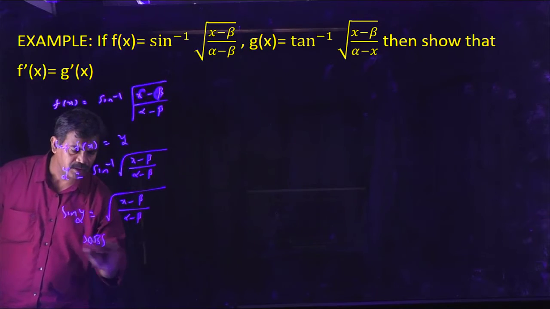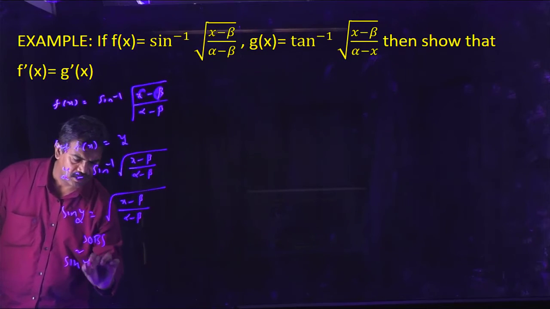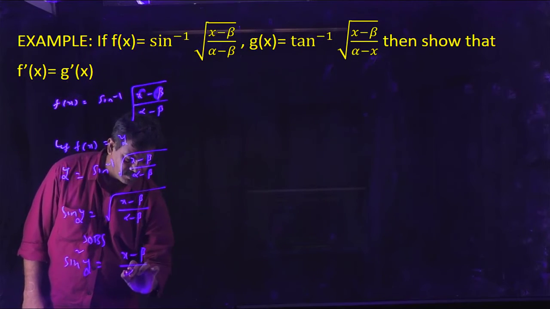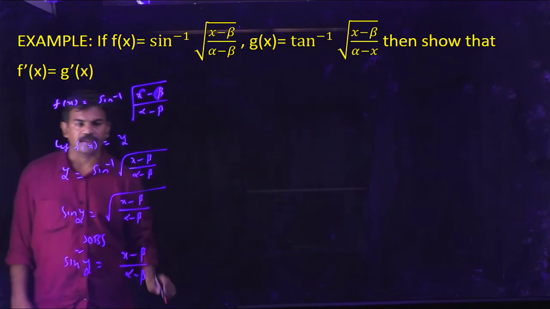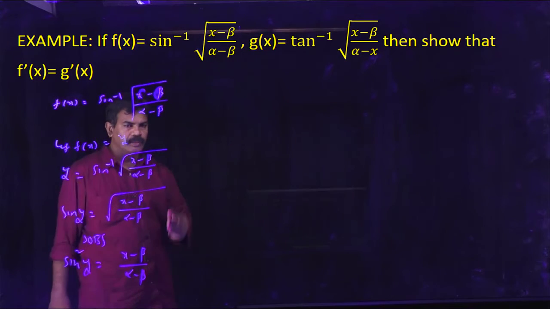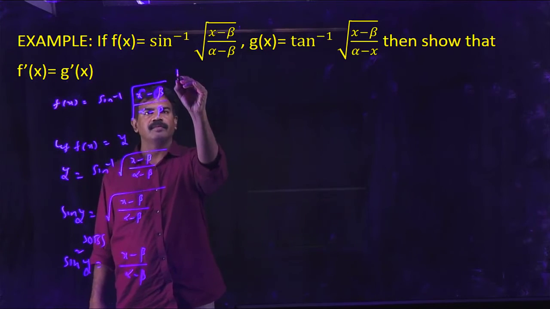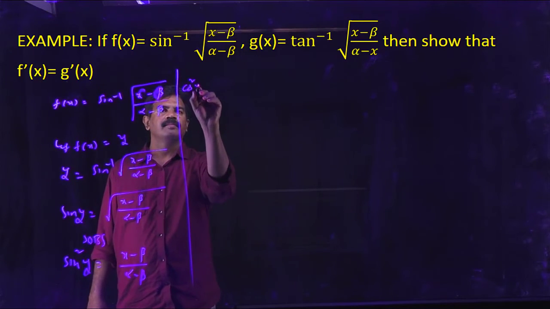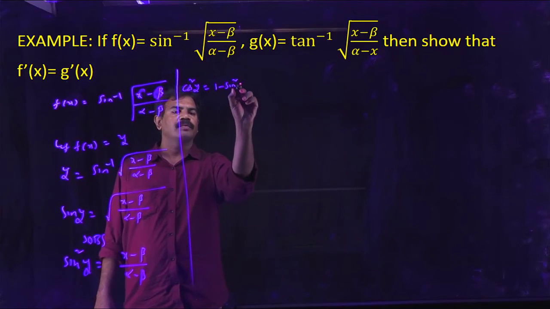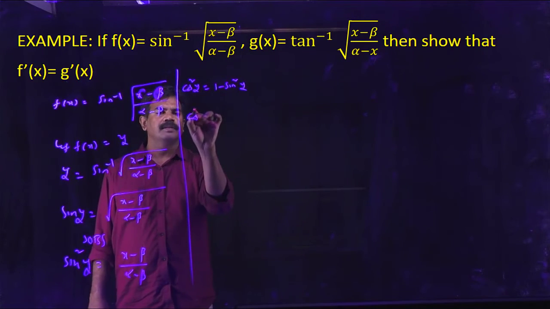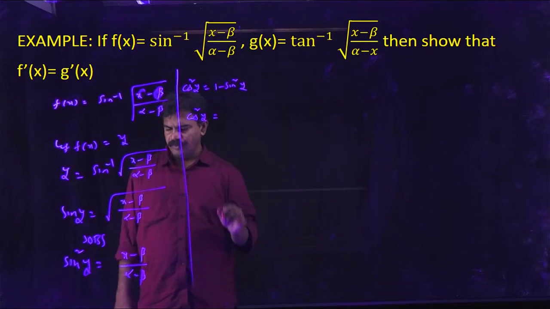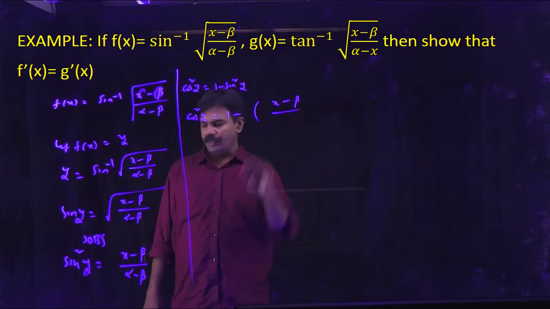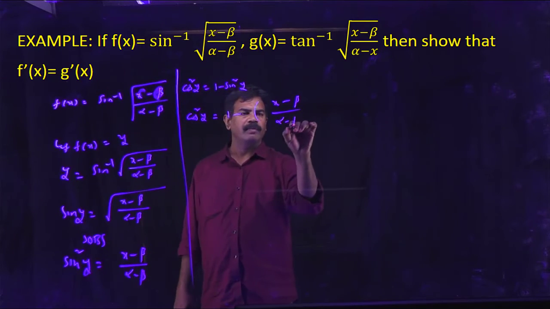Squaring on both sides, we get sin square y is equal to x minus beta by alpha minus beta. We know that cos square y is equal to 1 minus sin square y. That is cos square y is equal to 1 minus x minus beta by alpha minus beta.